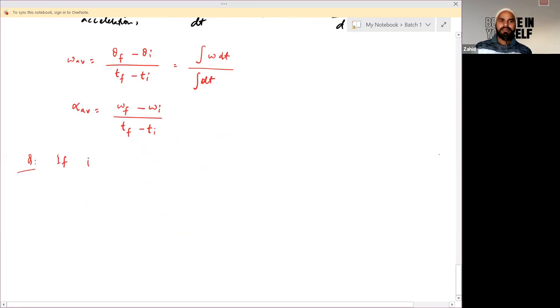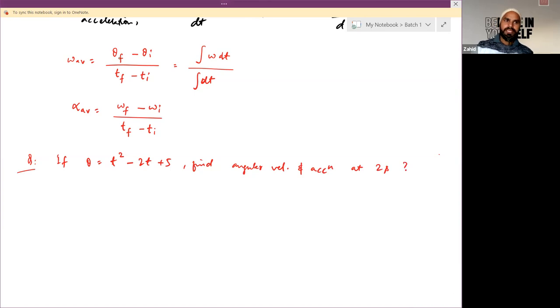If theta equals t squared minus 2t plus 5, find angular velocity and angular acceleration at 2 seconds. Try to solve using the above concept.